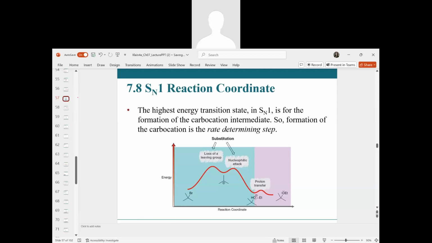So let's take a look at this reaction broken down in an energy diagram. Let's focus on the highest energy transition state in an SN1 reaction, which is the loss of the leaving group. We can see that that's the highest energy. This step to generate our carbocation intermediate we call the rate determining step, since it requires the most activation energy to get to this transition state.